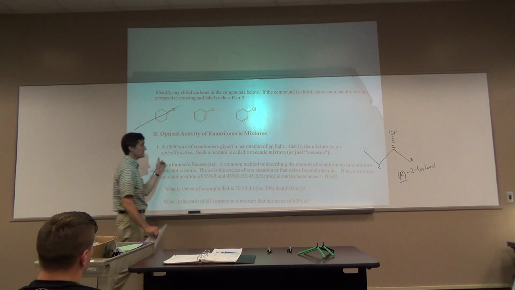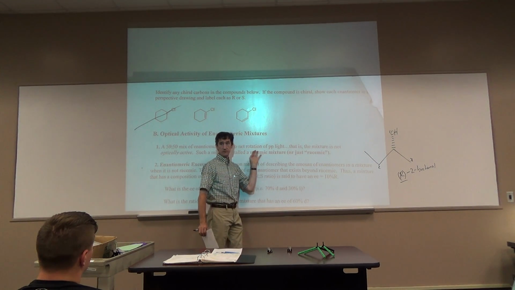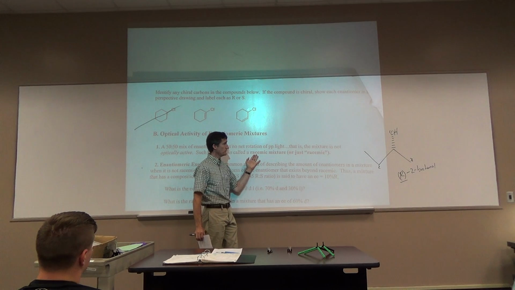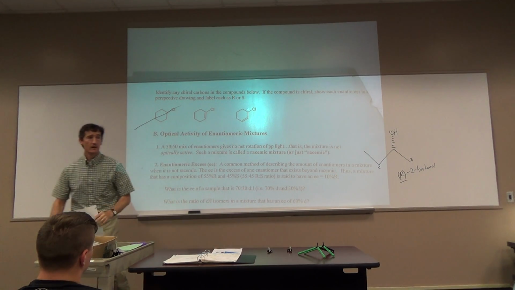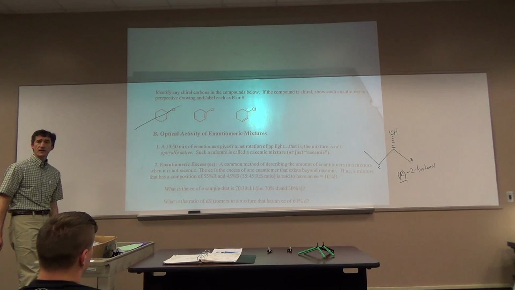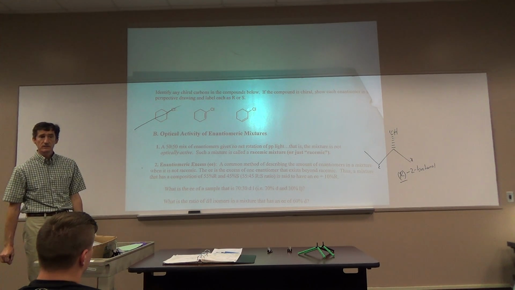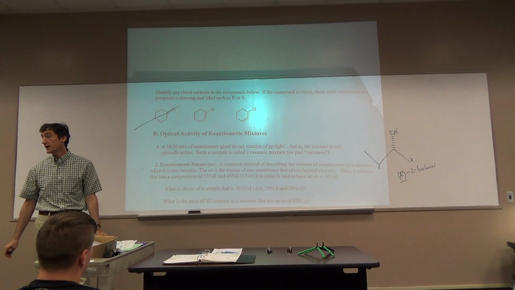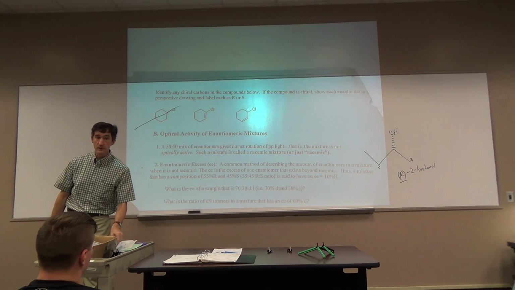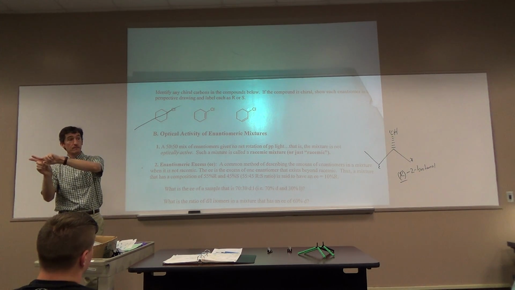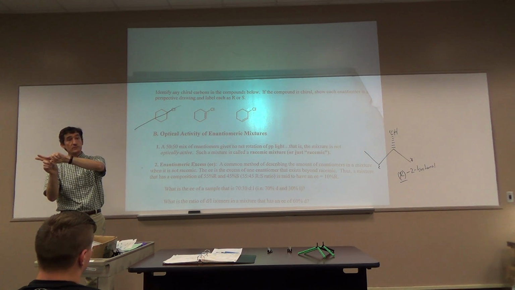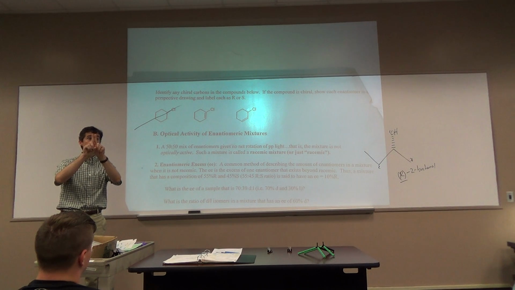First off, such a mixture is called a racemic mixture. 50-50, racemic, or just racemic, sometimes called racemate. Why does a racemic mixture not give any rotation of light? It's because they cancel each other out. It's not that the enantiomers aren't rotating, but one enantiomer rotates maybe 13.5 to the right, the other enantiomer rotates 13.5 to the left, and where do you end up? 0.